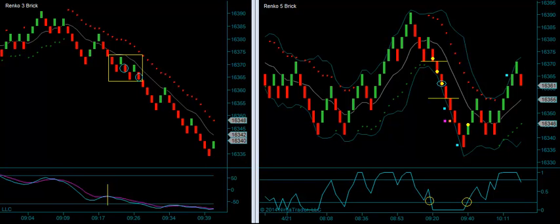If there are no 3 brick add-on trades, okay? And we get 5 consecutive green bricks followed by the red brick, the counter brick, after the last system trade, there will be a band extreme reverse sell.